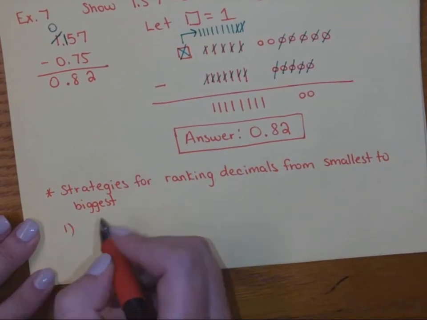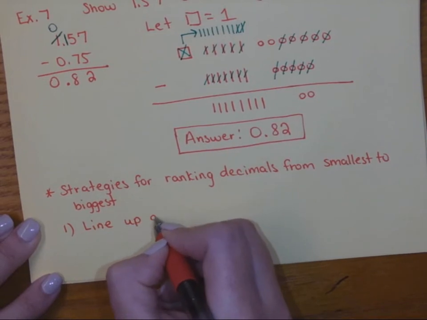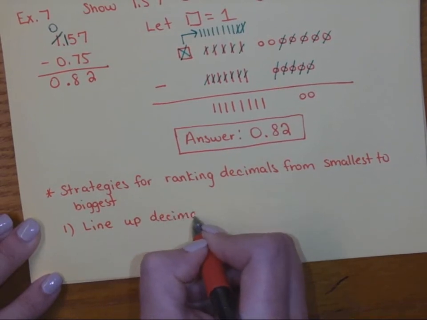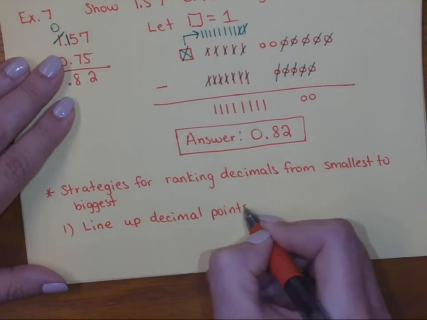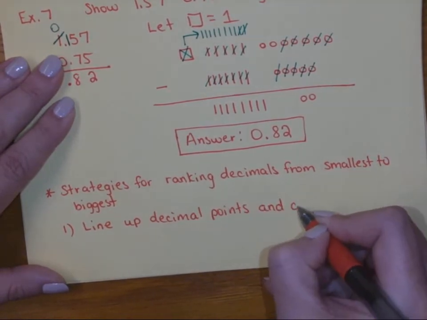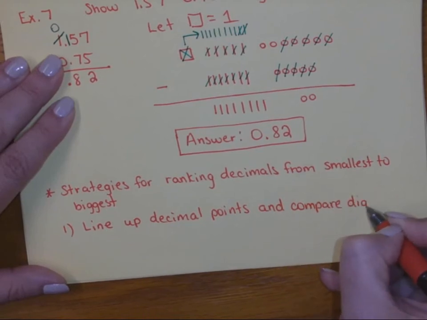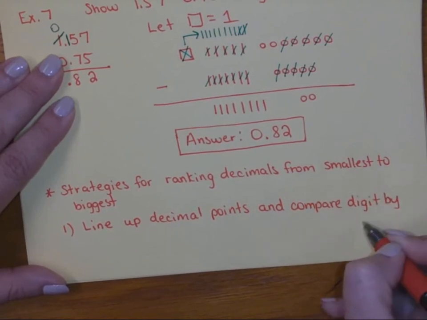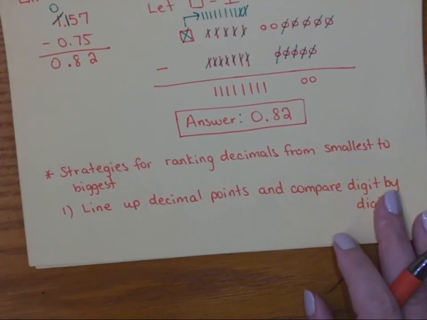Okay, so one of the mainstream ones, I remember learning it this way. We won't talk about how many years ago that was. But we would line up the decimal points and compare digit by digit. So this is kind of one of the tried and true ways, okay, but I think it's perfectly fine.